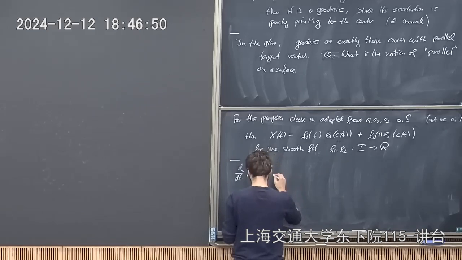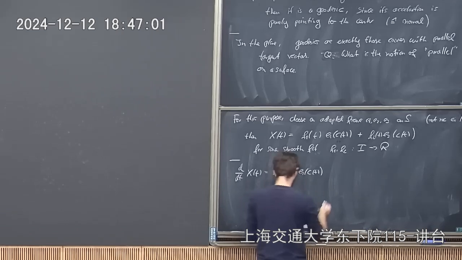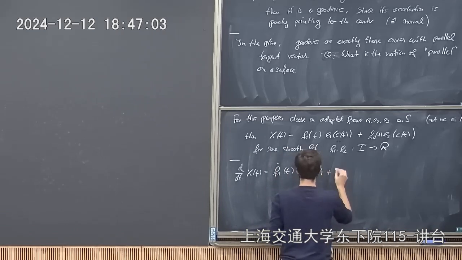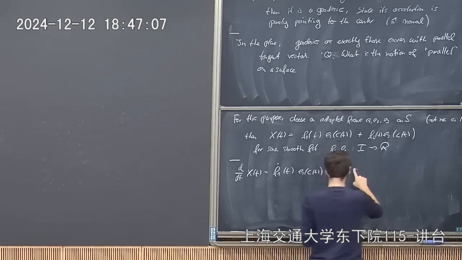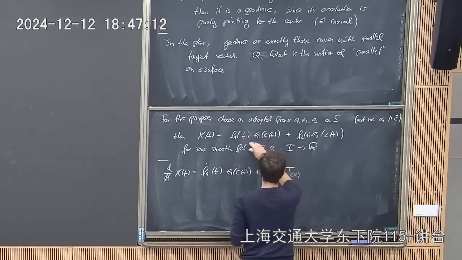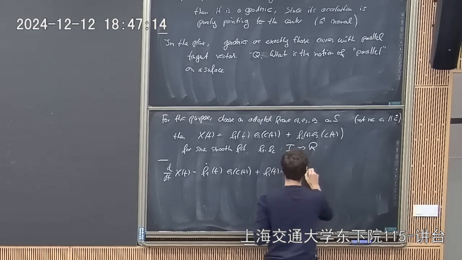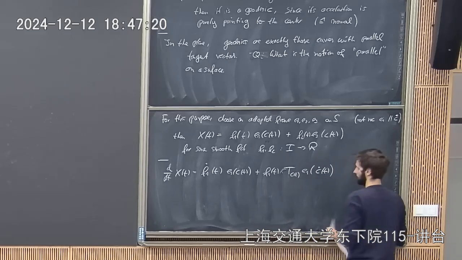So f1 dot of t times E1 of C of t, plus f1 of t times the derivative of this guy in t direction, and then we can write this one as the tangent map.